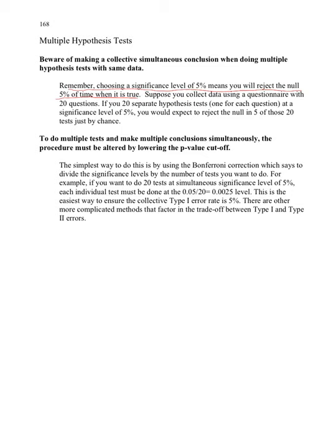So suppose you collect data using a questionnaire with 20 questions. And if you do 20 separate hypothesis tests, one for each question, at a significance level of 5%, suppose the null was true for all 20 tests, you would expect to reject the null in one of those 20 cases.